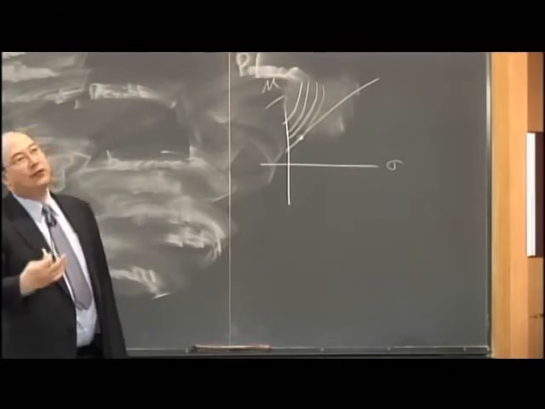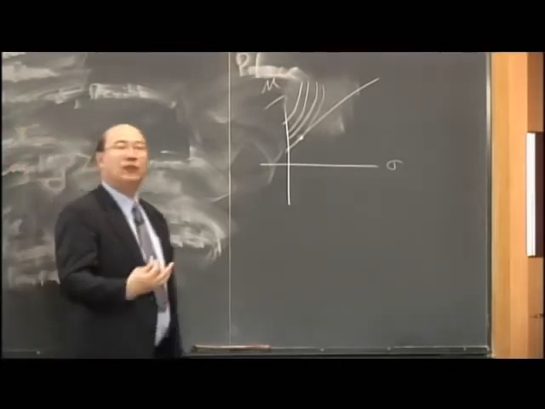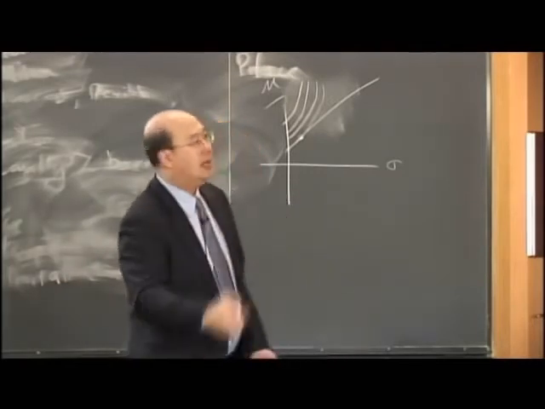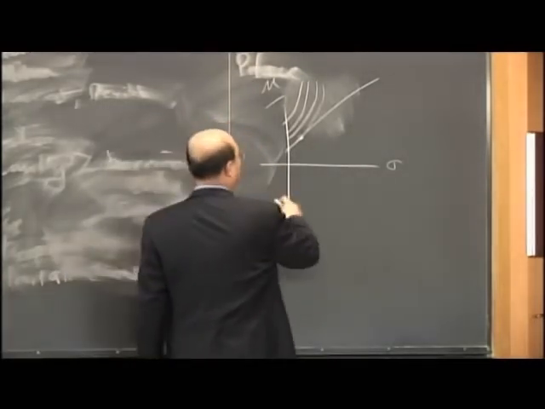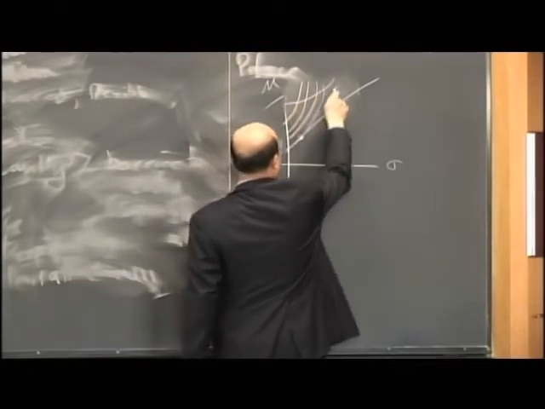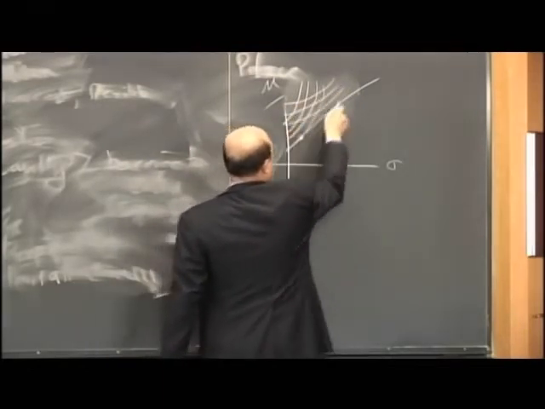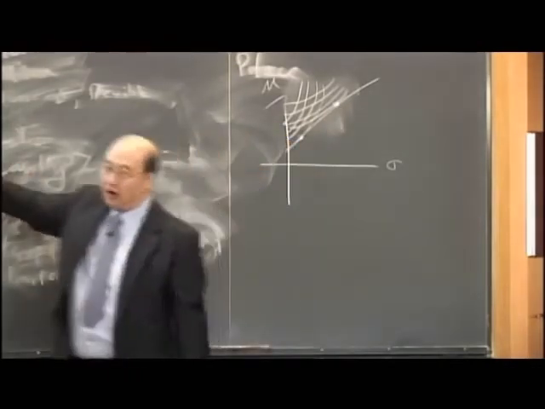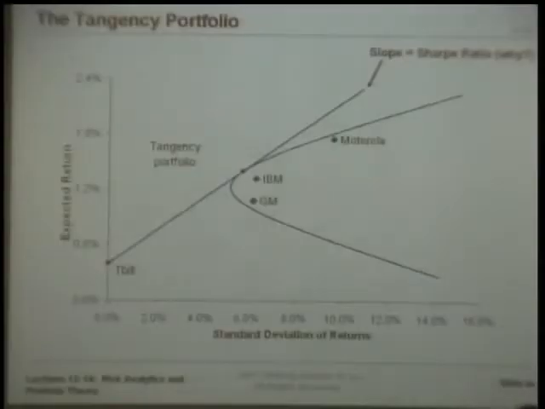On the other hand, if you're very risk-seeking, if you don't need a lot of compensation of expected return per unit risk, then your indifference curve is not going to look like that. It's going to look like this. In which case, your tangency point will be farther to the northeast. You'll be taking more risk and getting more expected rate of return.